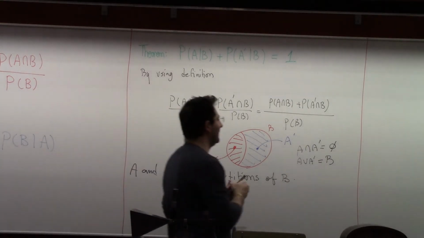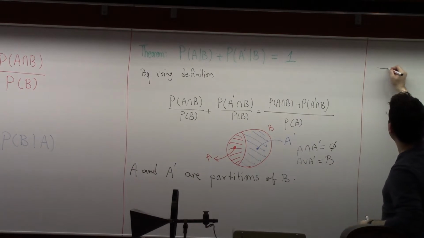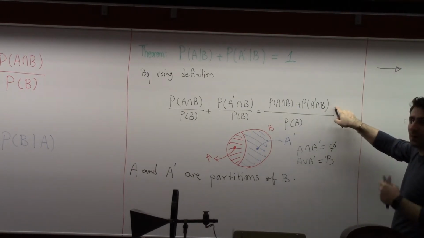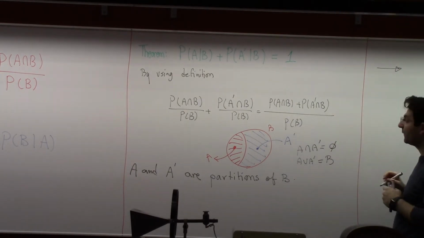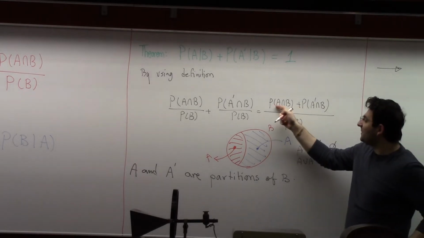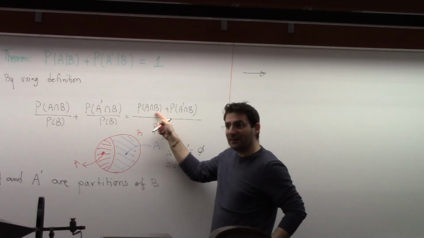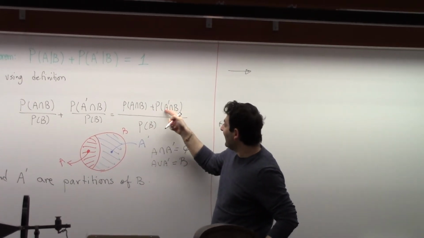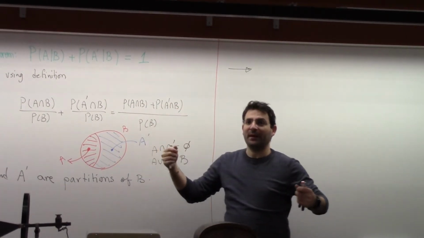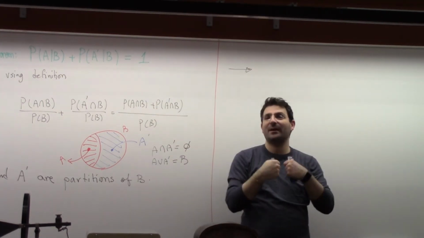Why this is important is because from this formula, can you tell me that A intersected by B and A prime intersected by B, when they come together, will make?